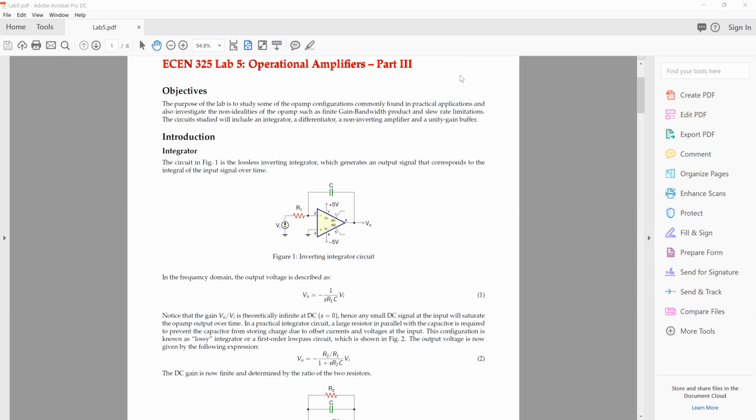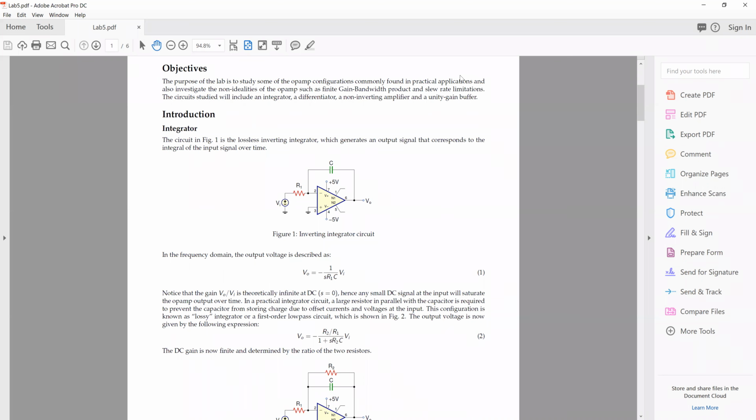amp, okay? So what you see right here is a kind of inverting configuration, correct? It's just that you're using a capacitor instead of a resistor from what we have in Lab 3, right? And if you derive the transfer function for this, this is what the transfer function looks like, right?